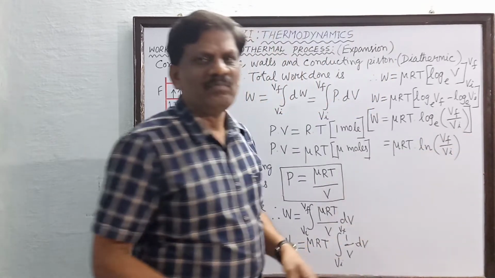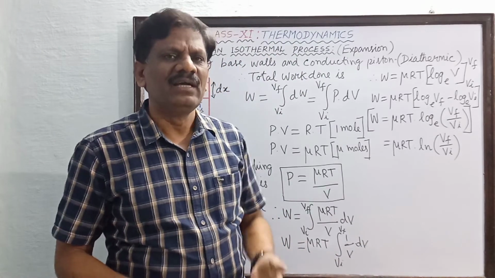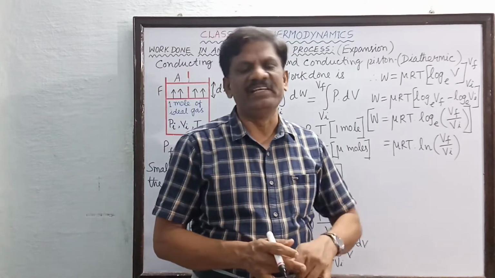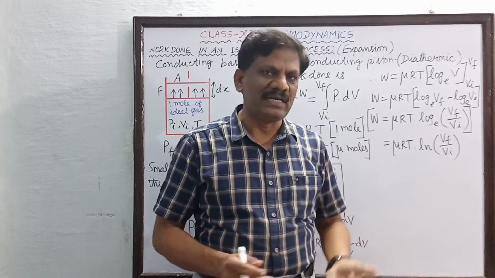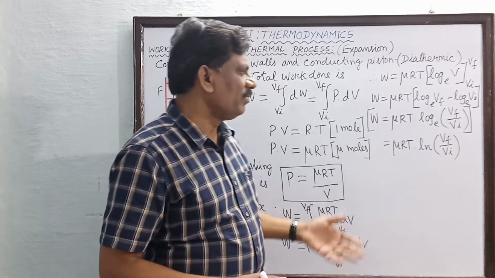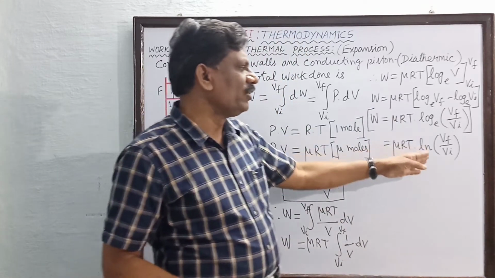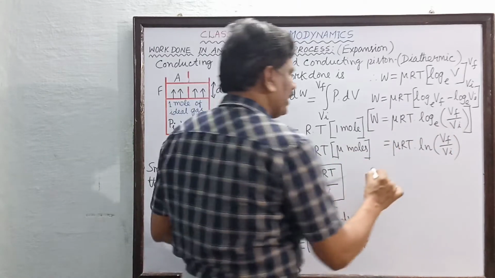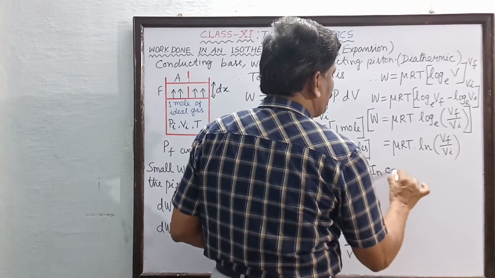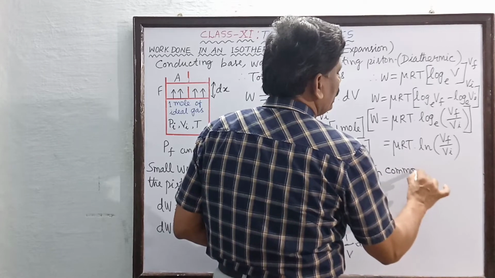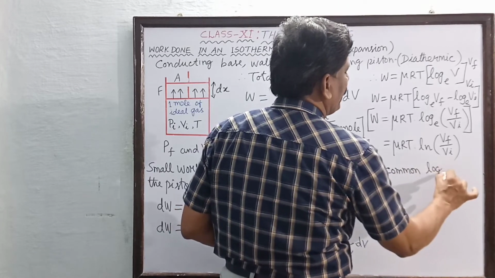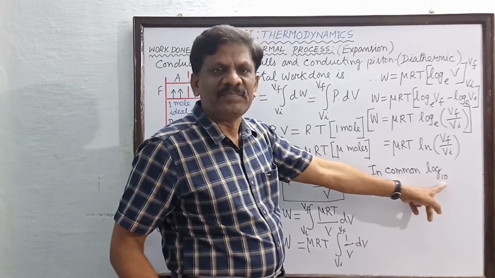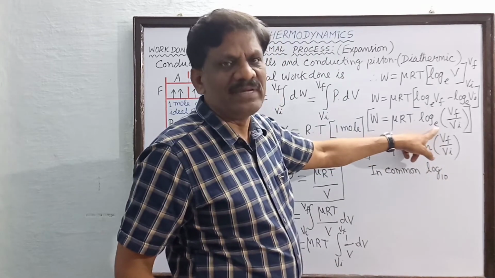In some books they use the symbols V1 instead of V initial and V2 instead of V final. So that gives mu RT ln V2 by V1. Okay children, now I am going to express this in common log, that is, to the base 10. Natural log is to the base e.